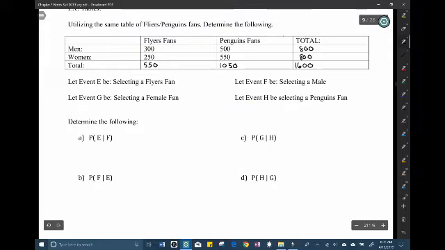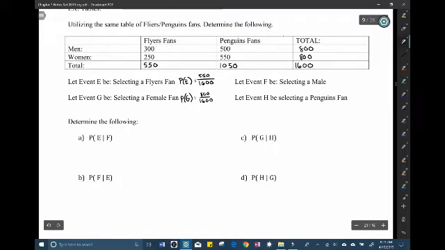Let event E be selecting a Flyers fan. So the probability of E, we know that one is 550 all over 1600. Event G, a female. So the probability of G, or a girl, is for the women, and there are 800 of those, over 1600.